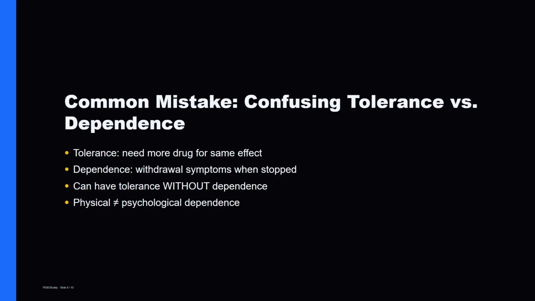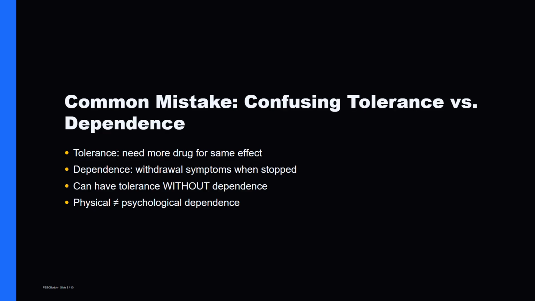This is a conceptual trap that catches a lot of candidates. Tolerance means the body has adapted and you need a higher dose to get the same effect. Think opioid tolerance developing over weeks. Dependence means the body expects the drug and removing it causes withdrawal. Here's the key. These are independent phenomena.